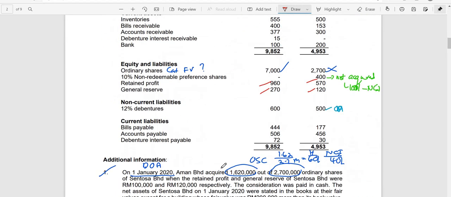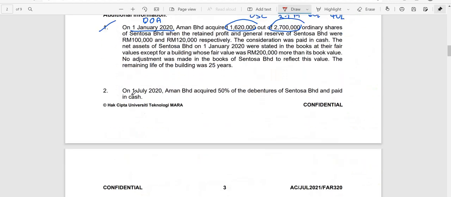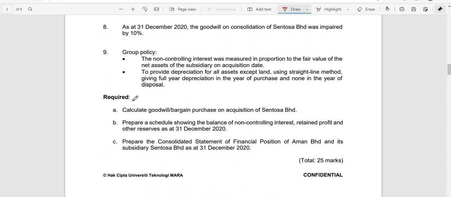So let us look at the remaining information, and we are going to look at the requirement at the bottom here. First, we are asked to calculate goodwill or bargain purchase, and this would be for both ordinary shares and the debenture. Then we will prepare a schedule to show the non-controlling interest, retained profit, and other reserve.